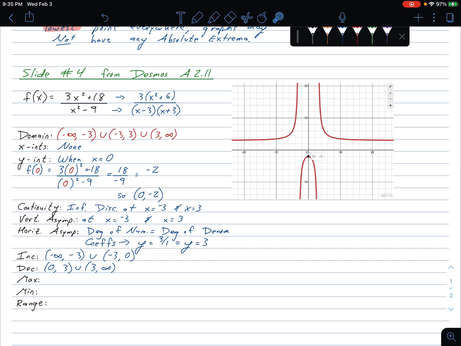Clearly, it's a maximum locally, because it's a peak right here. But is it the total tallest point? No, clearly my graph gets taller, so there's no absolute max. Are there any minimums? No, my graph is going downward forever, so no local mins or absolutes.